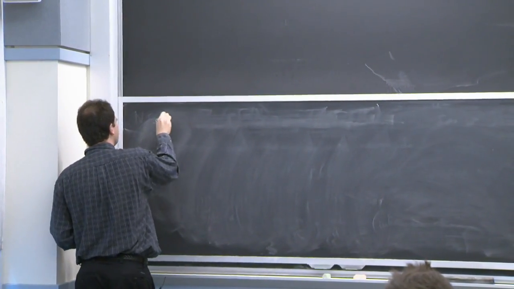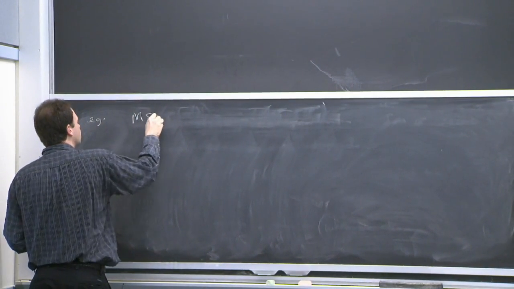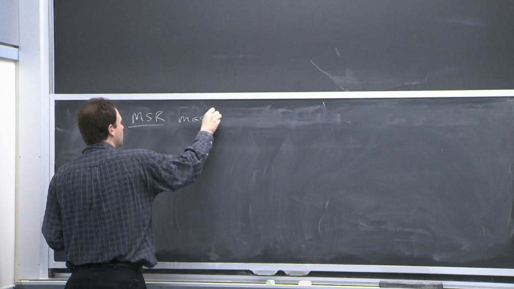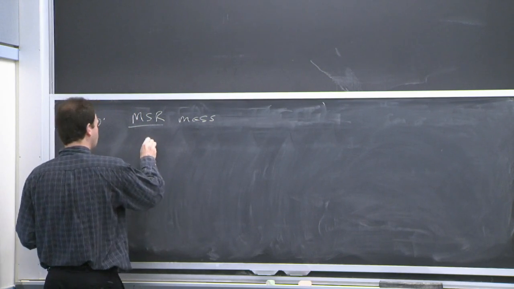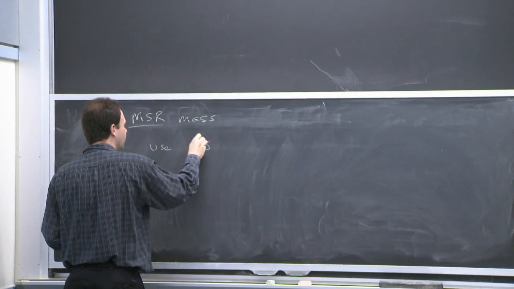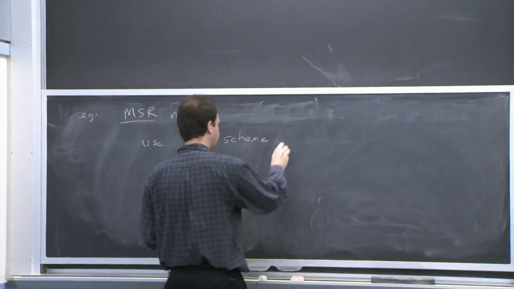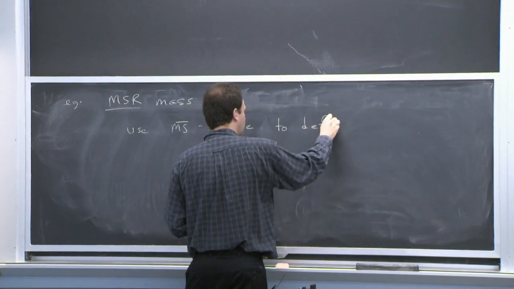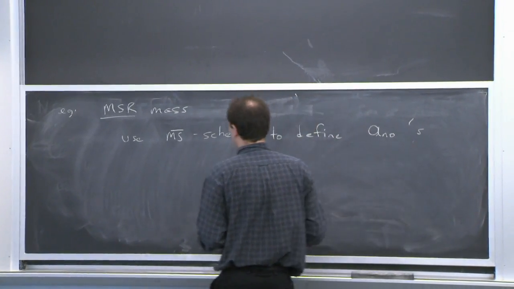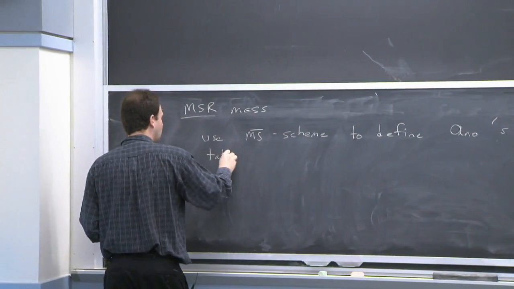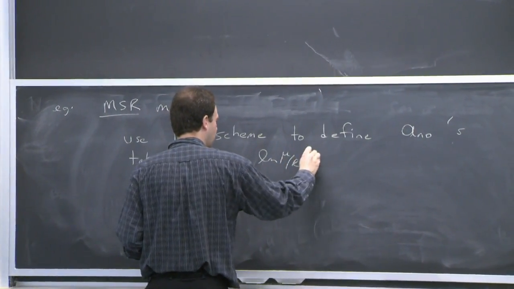So let me give you one very definite example of how you could define a scheme with this R. We'll build something where we don't have to do any additional calculations. What we're going to do is use the MS bar pole scheme conversion, and from that we define the A's that we need. We can take mu equal to R so that the log of mu over R is 0.